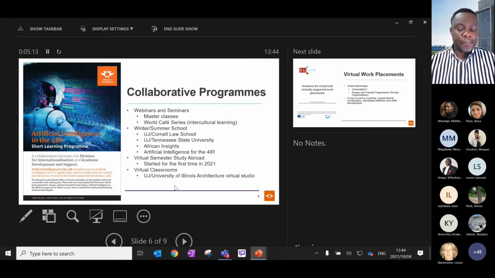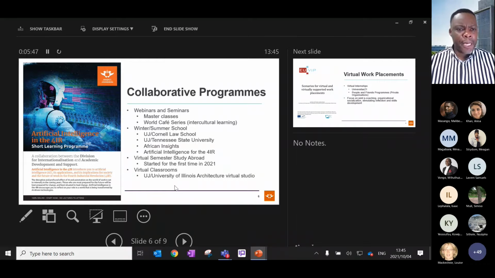It culminates in classroom teaching at the University of Johannesburg, and then social engagement in Limpopo that brings in the intercultural learning part of it. The UJ Tennessee State University program is collaboratively run with TSU, UJ, and depending on the year, a partner in South America, and follows the same elements as the Cornell Law School program.